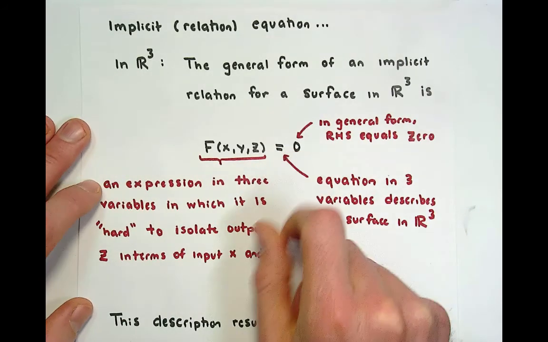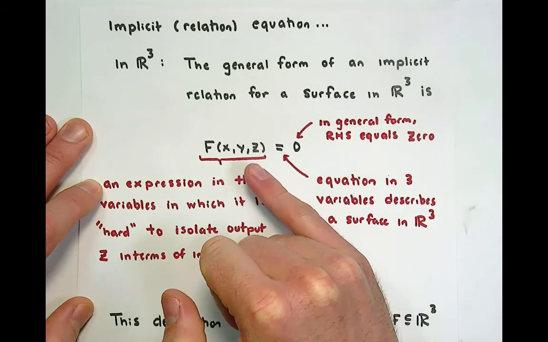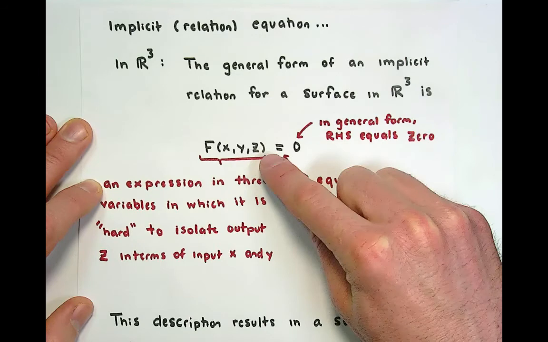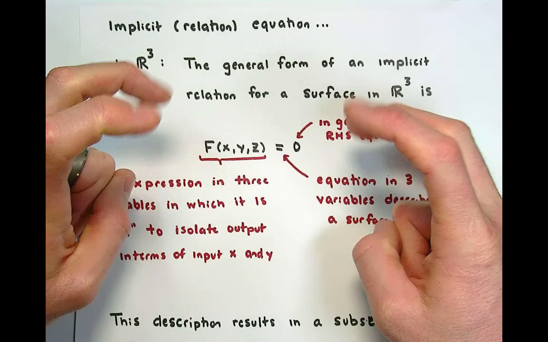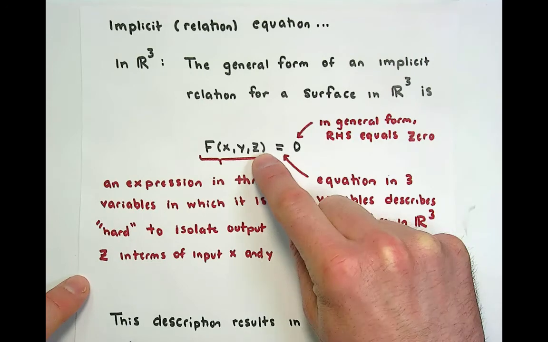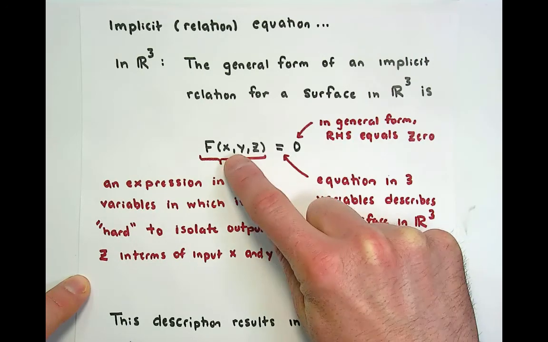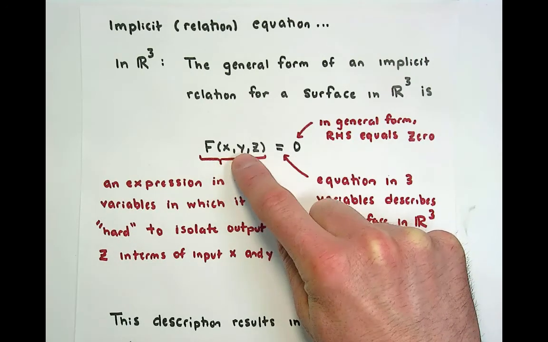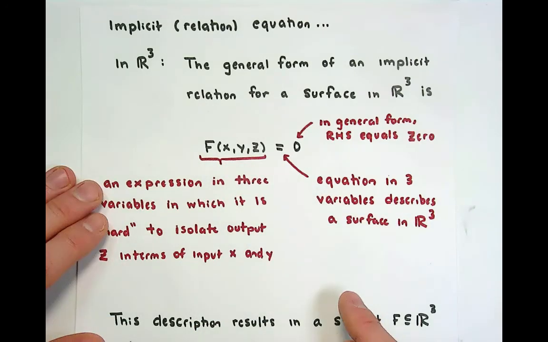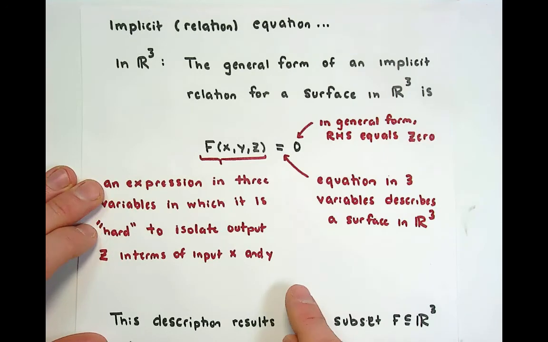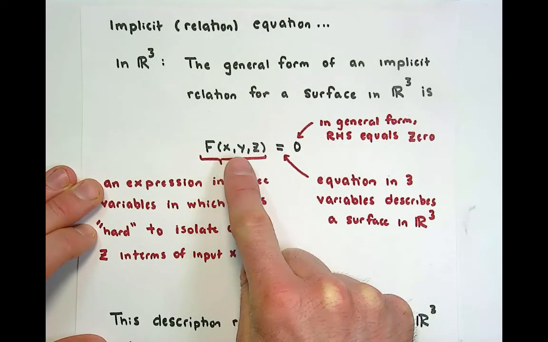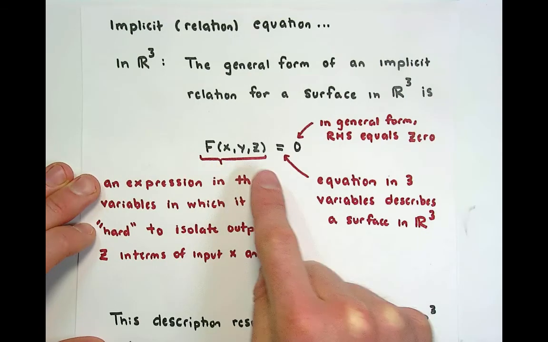When we write an expression in terms of these three variables, the implicit form indicates that it is probably hard to isolate the output variable z in terms of the input variables x and y. And by hard, we mean that it might take a lot of work, or it might be impossible, or if we do isolate z in terms of x and y, we actually will lose information by doing so.